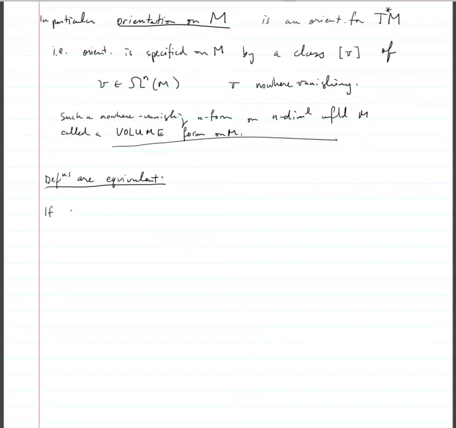if we have an oriented atlas, then what we could do is take a partition of unity adapted to the atlas, let's say f_i.